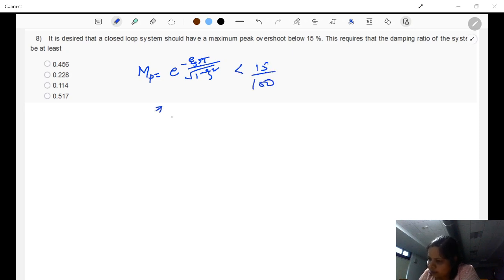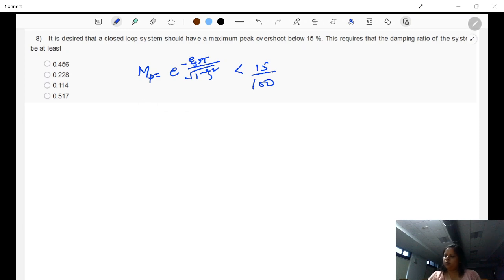When you solve this, take log on both sides, then you'll get a quadratic equation in zeta. Then you're going to find the value of zeta. You can calculate this on your own and tell me the answer, because this is just a calculation based question.